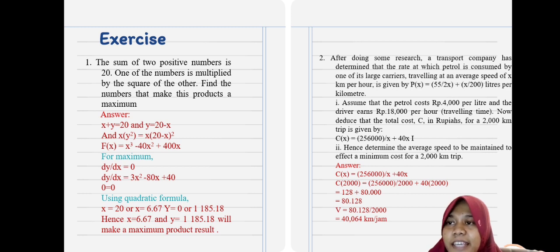Answer: x plus y equals 20 and y equals 20 minus x, and x multiplied by y squared equals x multiplied by (20 minus x) squared.